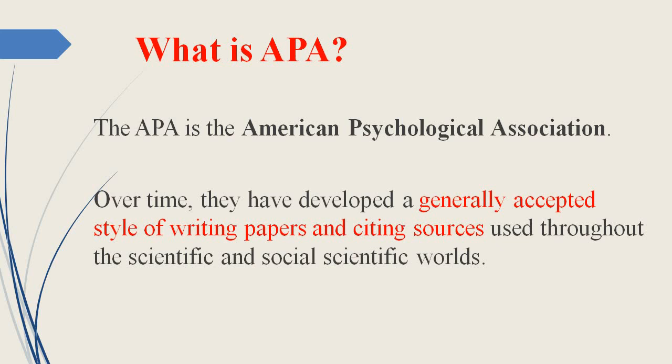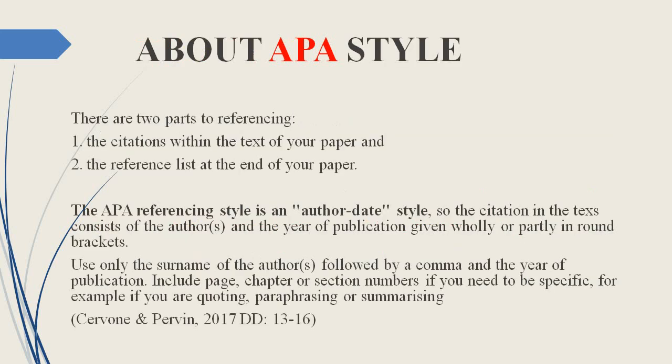About APA style, there are two parts of referencing: the citation within the text of the paper and the reference list at the end of your paper. So let's go ahead. First, we need to understand the basic characteristics of APA style.